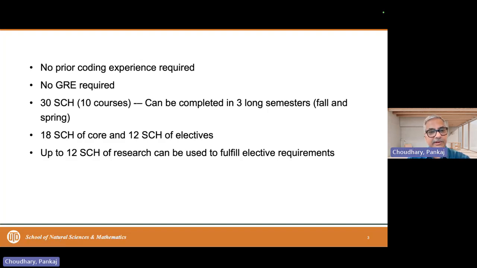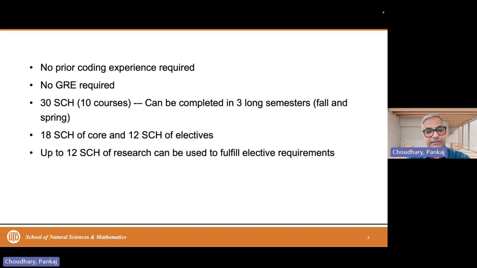To apply for this program, we don't require the GRE, and this is a 30 credit hours program. It involves 10 courses, and it can be completed in 3 long semesters. Long semesters mean fall and spring semesters.